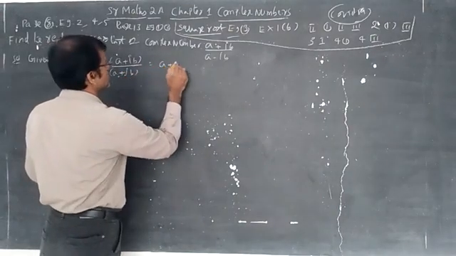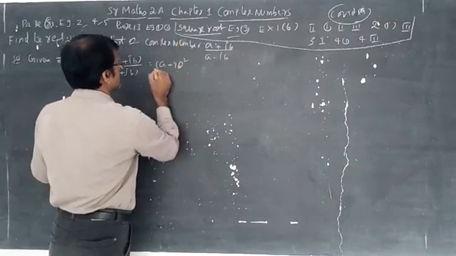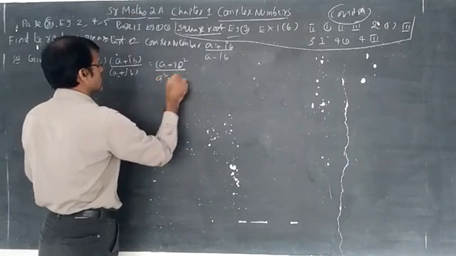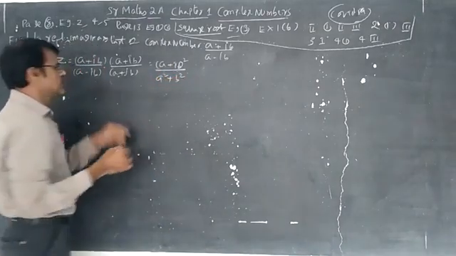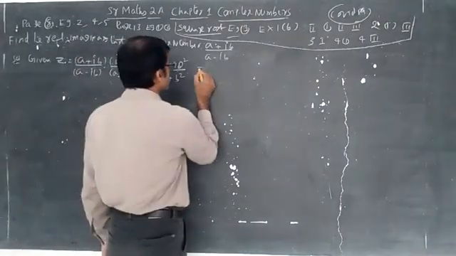So the numerator becomes (a plus ib) whole square, by a plus ib into a minus ib. Remember the formula: a square plus b square.